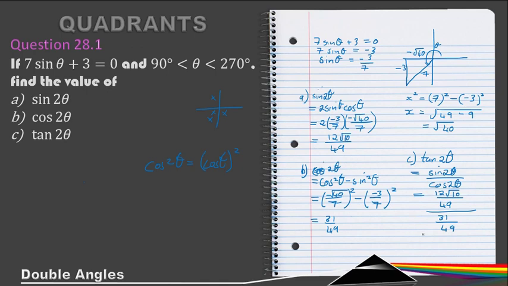Now to calculate that, I can just put it in the calculator, but it's real easy. If I have a fraction over fraction, I divide by the denominator, 31 over 49. This division changes to a multiplication sign, swapping the denominator and the numerator around. So this is then times by 49 over 31. These cancel, and my final answer is 12 square root of 10 over 31.